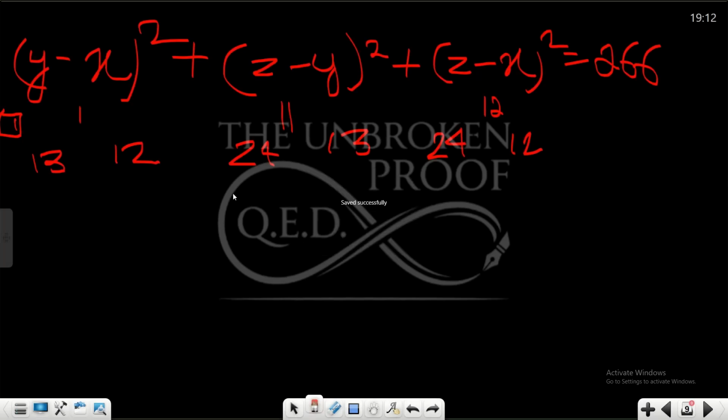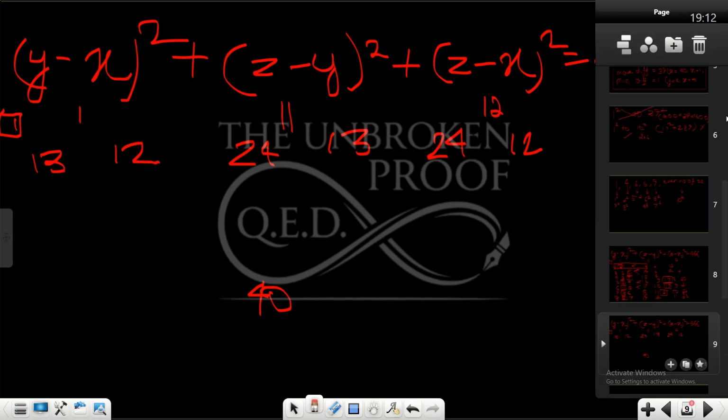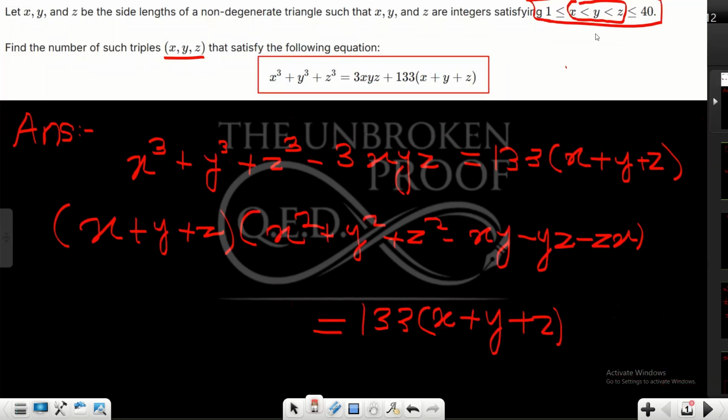From here all the way, among y, x and z, z is the larger one, so clearly z can go till 40. Why am I saying z can go till 40? Because if you make x or y 40, then z has to be beyond 40, because of the first condition, x less than y less than z.